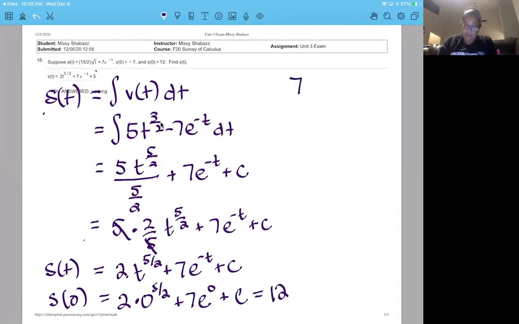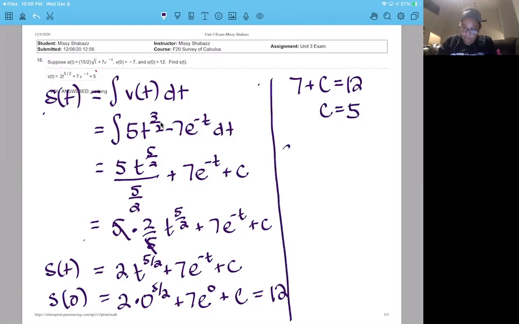So I have 7 plus c equals 12, which means c equals 5. So my position function is 2t^(5/2) plus 7e^(-t) plus 5.